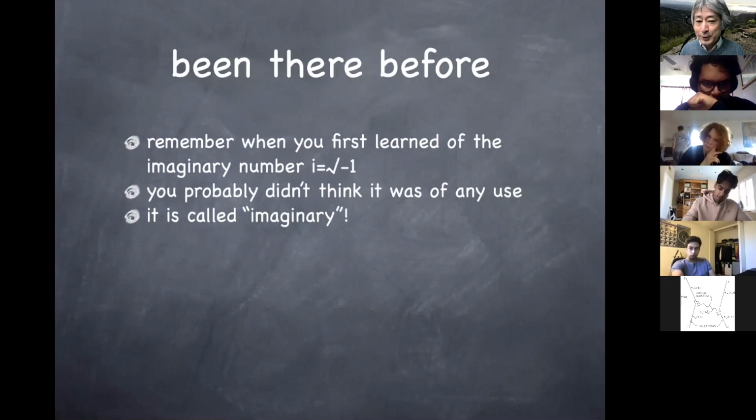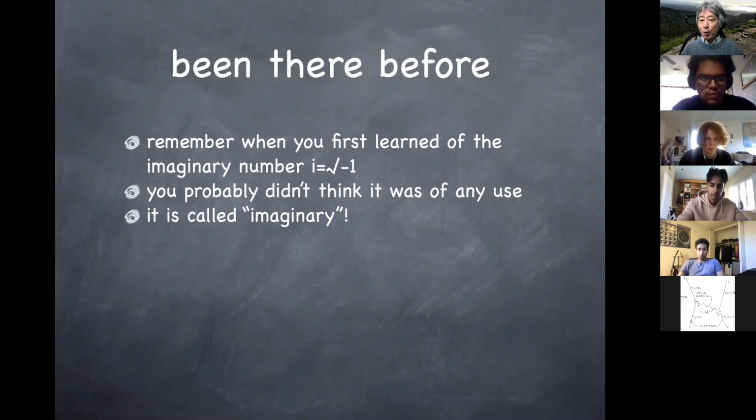This was just introduced for the convenience of mathematicians' desire to be complete, so that you can always solve the second order polynomial equation. If you define this, you can always find two solutions. That is fine. But you probably thought that this was never really real in any sense.